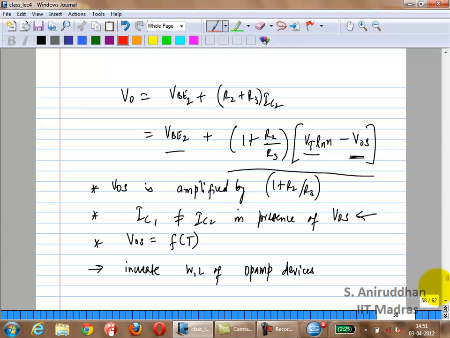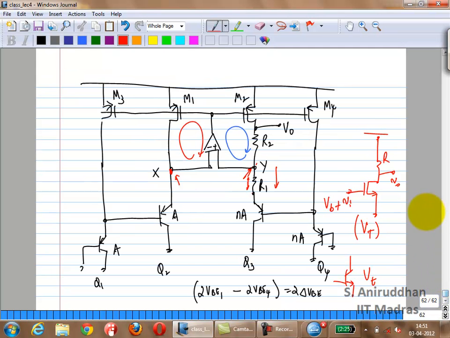Current should decrease. So in other words, what you are saying is, in this particular case, if VB is constant, current should decrease. So VB is kept constant here. Current decreases.